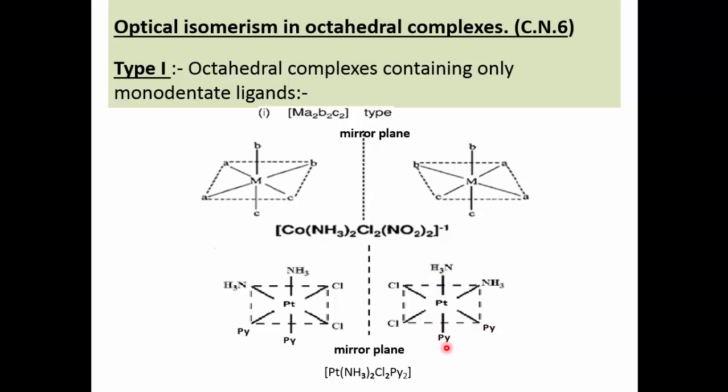If we place these two isomers one over the other, they are not superimposable and show optical activity. This is another example. Cobalt is joined to two ammonia groups, two chloride ions and two NO2 ions. In this way this compound also shows optical activity.